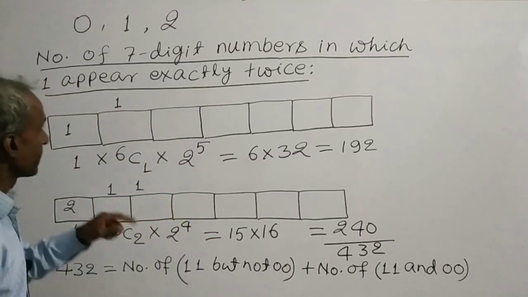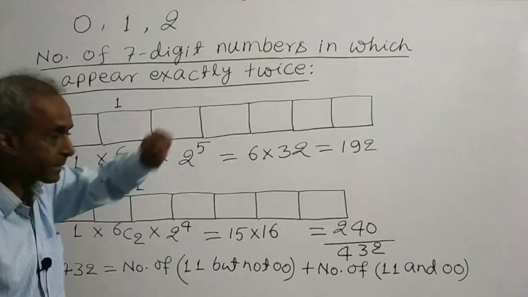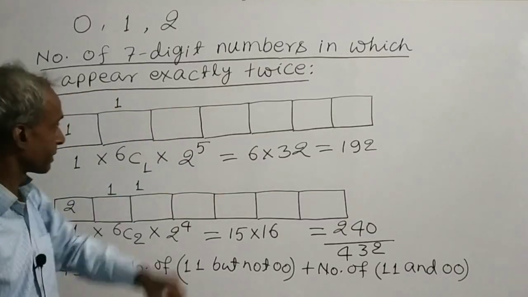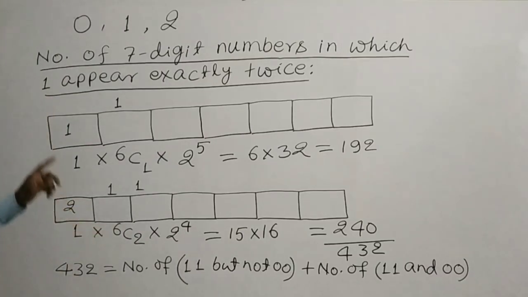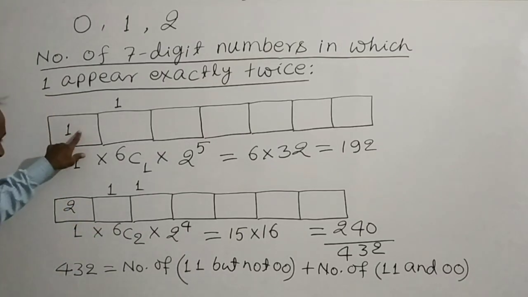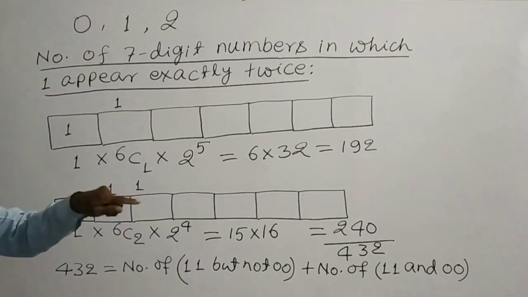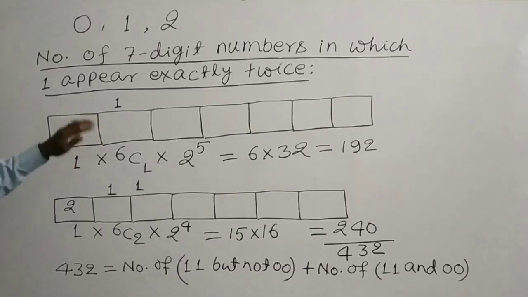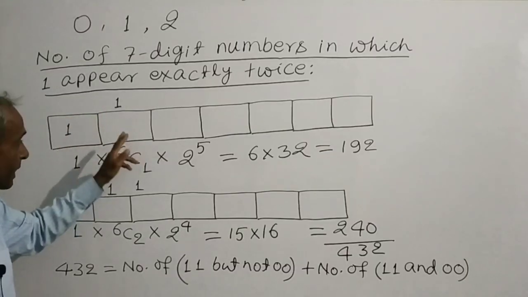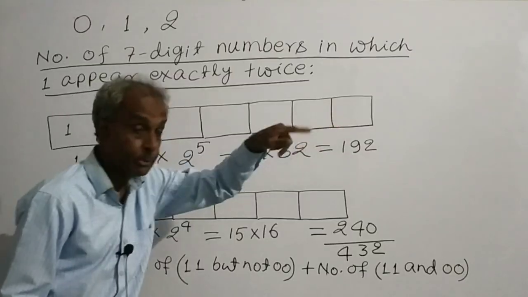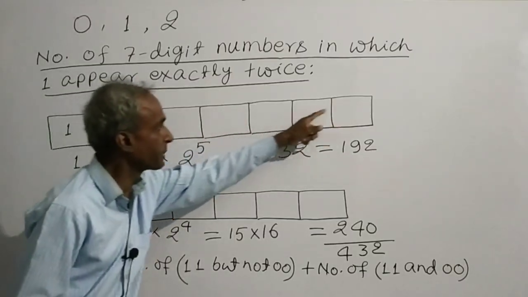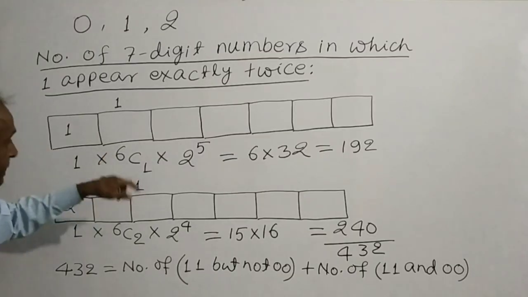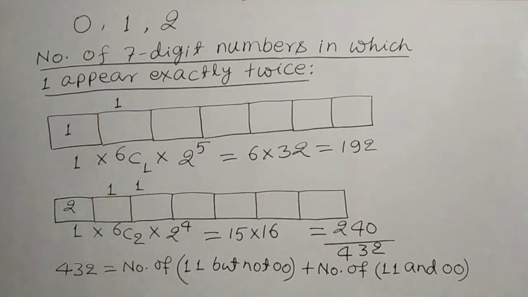Now we will find the number of 7-digit numbers in which 1 appears exactly twice. If we fill the first place by 1, then exactly one more 1 will appear at any one of these 6 places. 1 place out of these 6 places can be selected in 6C1 ways for this 1.